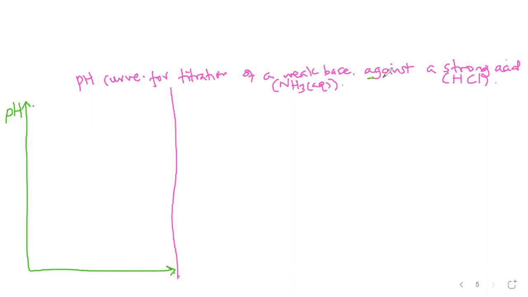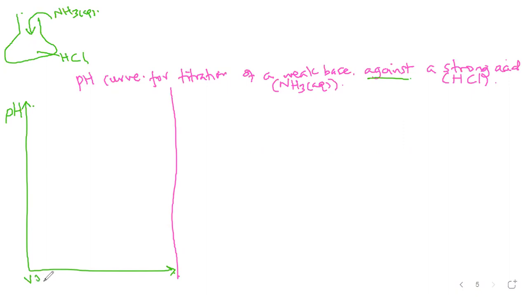This word against here means what is in our conical flask? Hydrochloric acid. So in our conical flask, we have hydrochloric acid. What is against it? It is the ammonia solution.